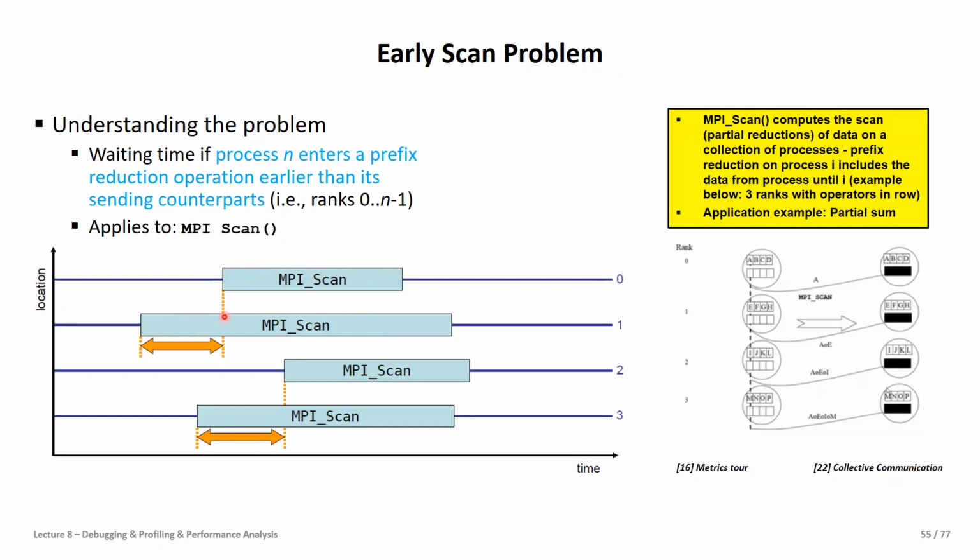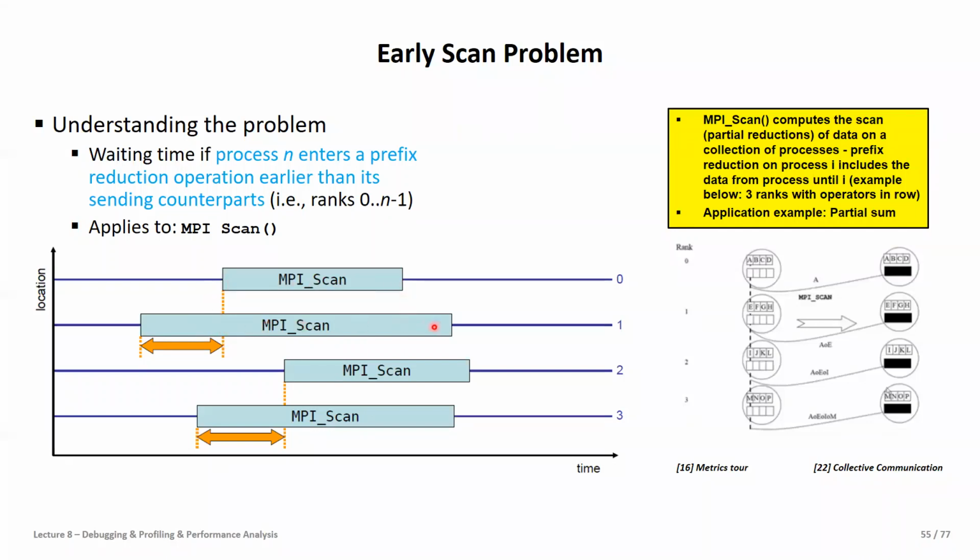This is a waiting time because MPI scan needs this one. If you execute it here, this one basically needs to be there. And the same is true for this and this. They are all involved in this and cannot continue. So they just wait. This one cannot continue until this sum is taken.